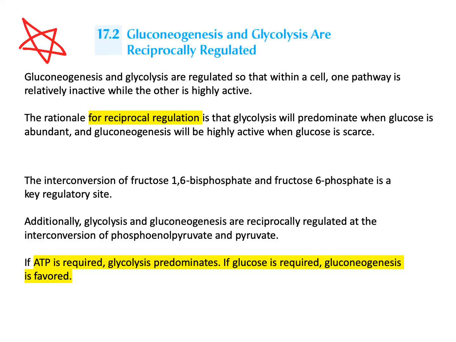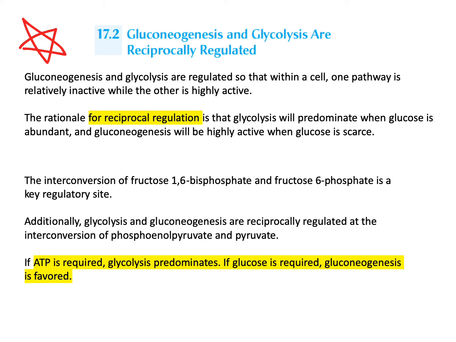Gluconeogenesis and glycolysis are reciprocally regulated. When one is active, the other one is inactive. It's determined by the blood level of glucose and whether ATP is needed. When glucose is abundant, glycolysis is predominant.